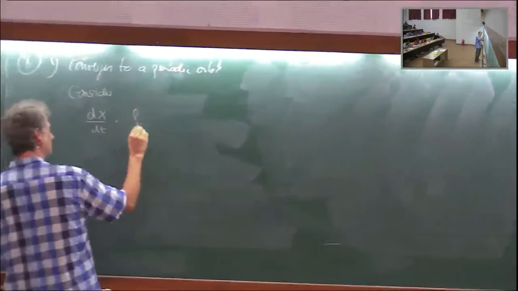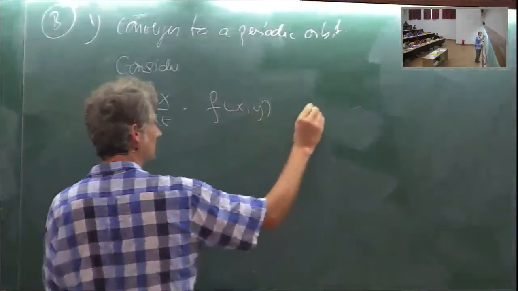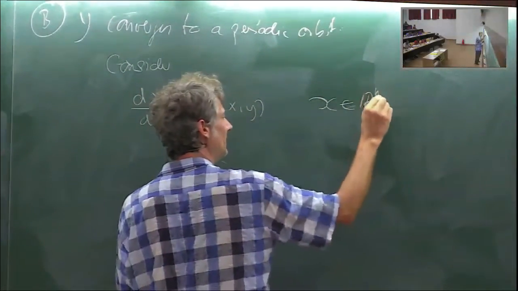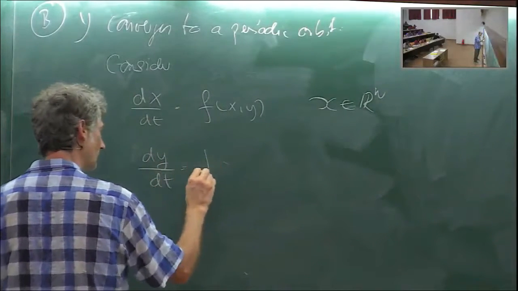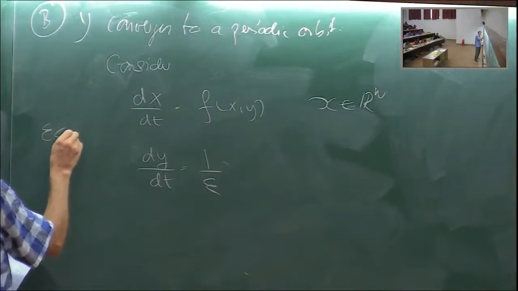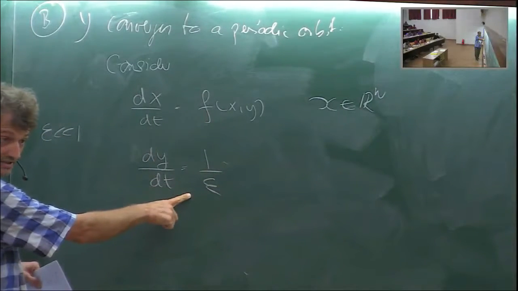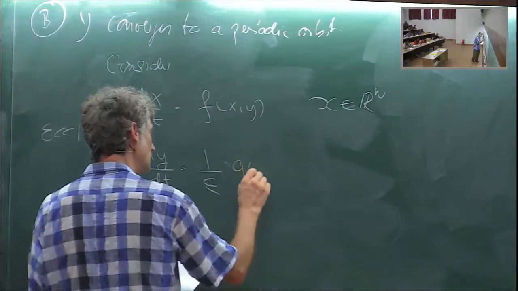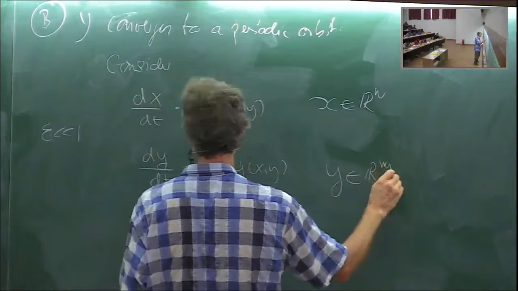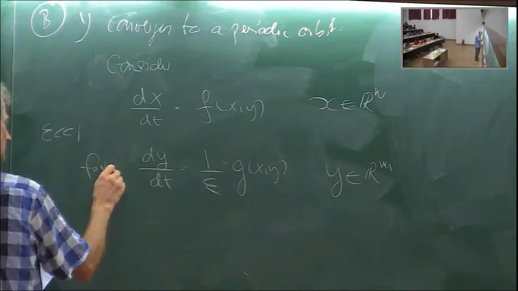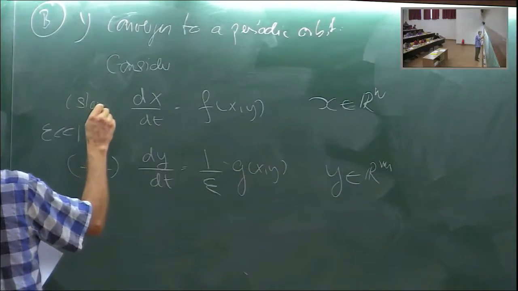So we consider now a dynamical system where we have dx dt is f of x, y. So again, x is n-dimensional, and we have an m-dimensional y that evolves fast, so epsilon is small. So this is now fast time evolution here, g of x, y. So fast and slow.